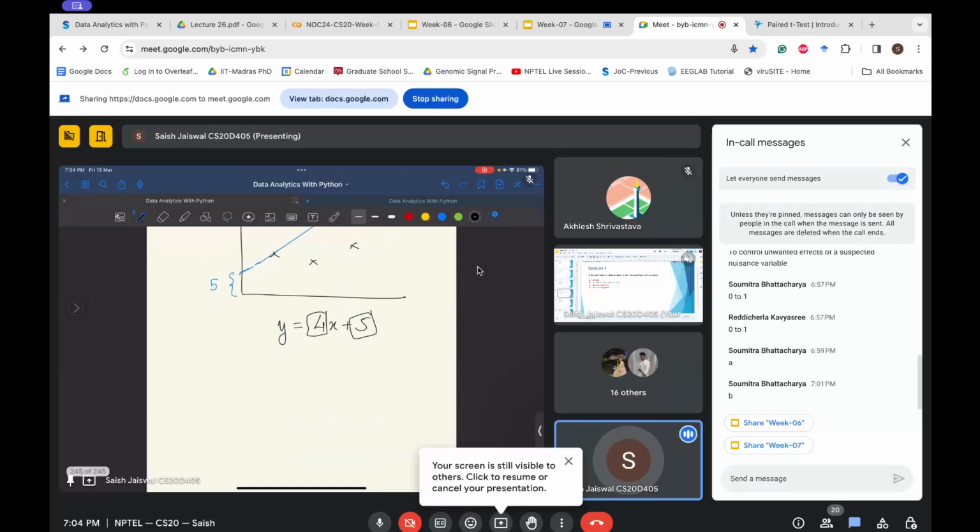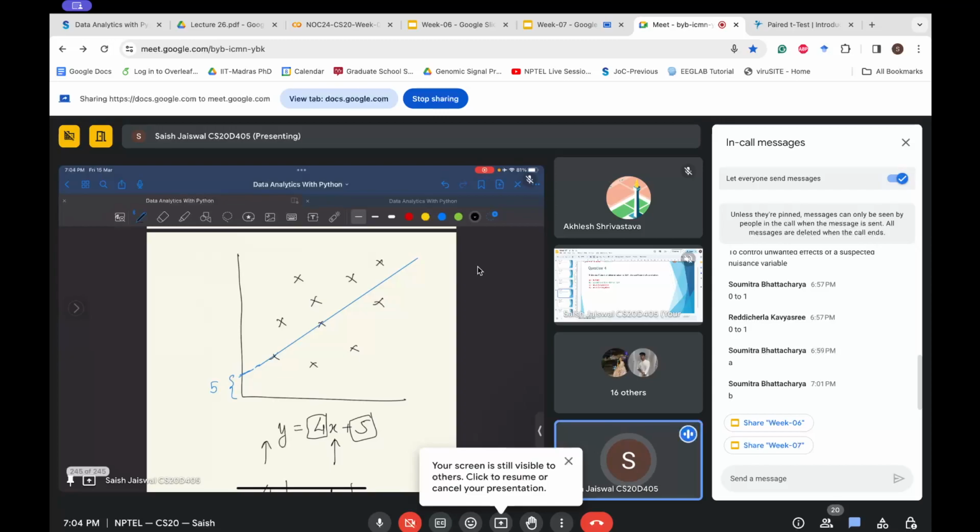It means that for every increase in x, y value will increase by a factor of 4, ignoring the constant. If x is 1, it will be 4, if 2, it will be 8, and so on. So as x increases, y also increases. So this particular correlation is positive correlation, that is dependent on the sign of the slope of the line. If it were negative, then as you increase x, y value is decreasing. So that relation between x and y is shown by the correlation coefficient.